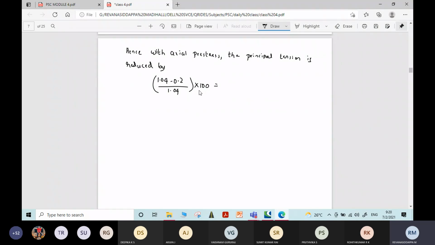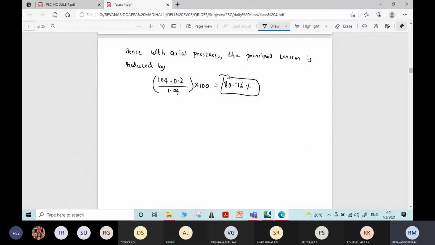What is the reduction in the principal tension value? 80.76%.